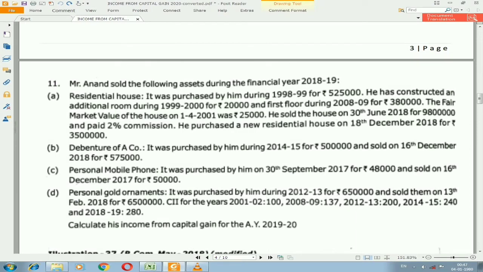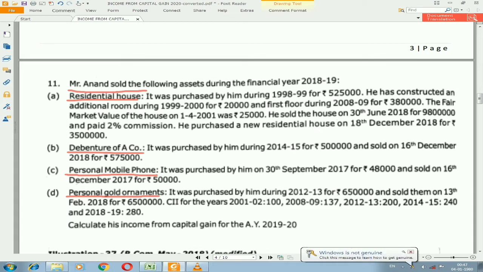First, check the assessee name, Mr. Anand. Then check how many capital assets we have. So Mr. Anand is the assessee and we have 4 capital assets: residential house, debentures, personal mobile phone, as well as personal gold ornaments. Then our job is to find out which of these 4 assets is exempted.